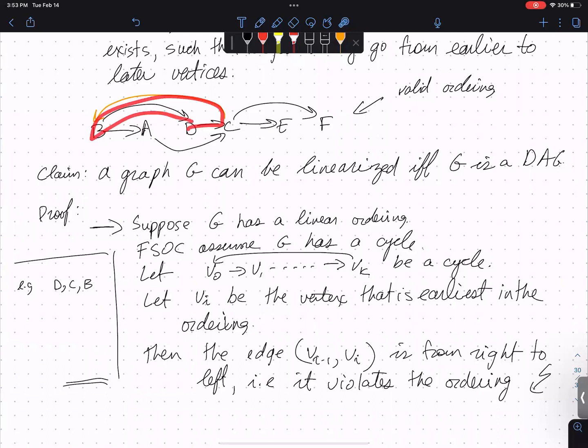DCB going back to D is a cycle. So the notation I'm using would say V0 equals D, V1 equals C, and V2 equals B.